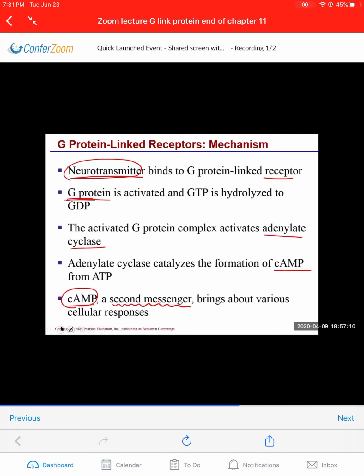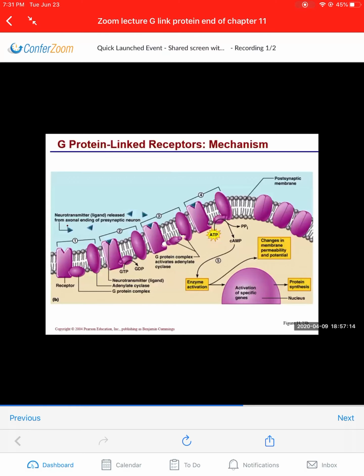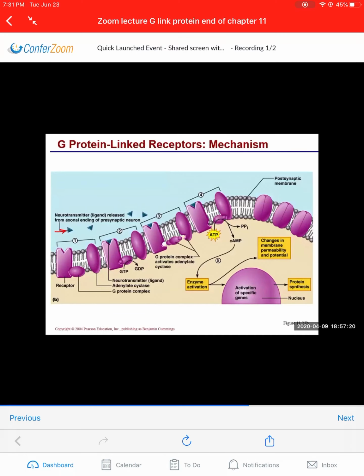If you take a look at this, the neurotransmitter is binding to the receptor here, my receptor that is linked to the G protein. Now, as a result of one hitting the other, the G-link protein gets activated, and this activation causes the adenylate cyclase to get activated.